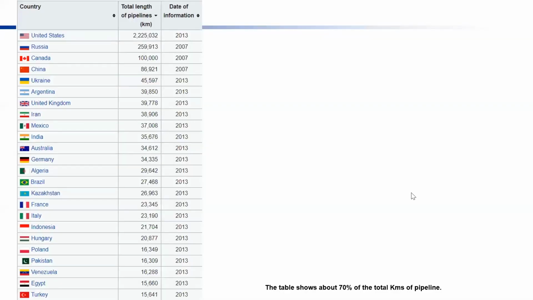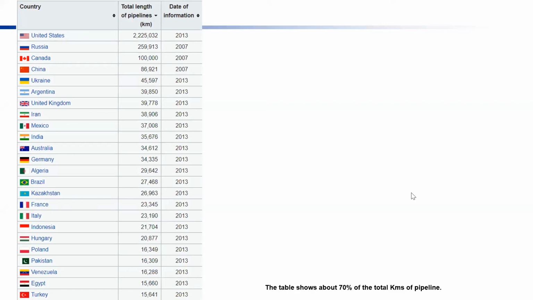Now, when we think about the length of pipelines that we have in the world, it is amazing to see how many pipelines we have. And by the way, pipelines are the safest way to transport hydrocarbons.